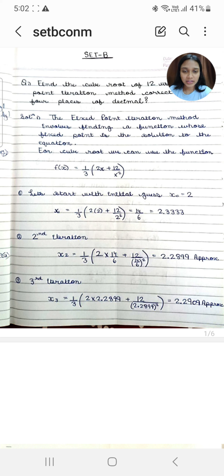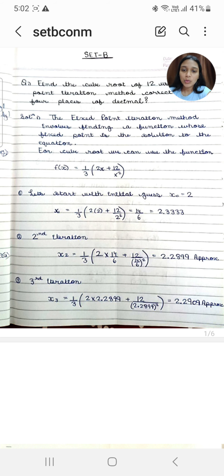We will find the value of x1 in the first iteration. That would be 1/3 (2 × 2 + 12/2²), which is 14/6, and in decimal, it would be 2.3333, up to 4 decimal places.